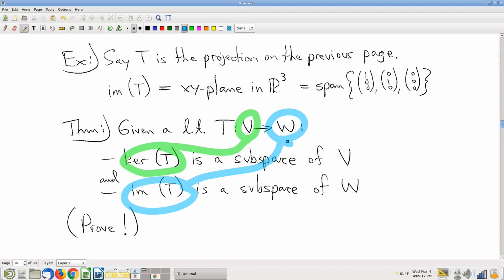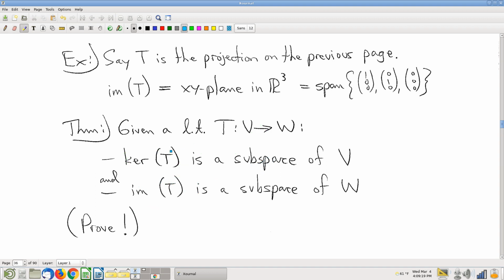A couple of real quick comments. I know we're almost out of time here, but don't forget how to prove that you've got a subspace. Closed under addition, closed under scalar multiplication, right? It's very straightforward. Second little observation I want to make for you. We've seen that kernels, at least if you're talking about matrices, are homogeneous solutions. Back in chapter 2, we proved already that homogeneous solutions are subspaces.